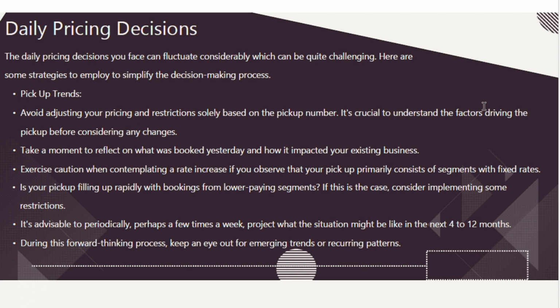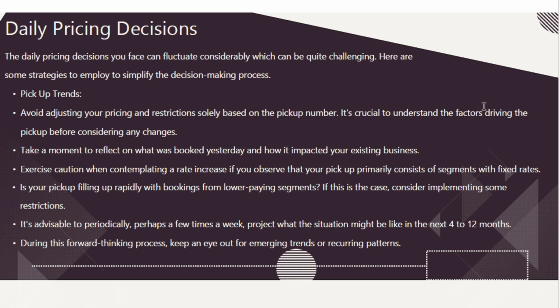And if this is the case, then you have to consider implementing some restrictions. Either you can restrict them by implementing minimum length of stay restrictions, so they won't be able to just book for one night, or maybe you can close the low room type and just sell the second highest room category to them.